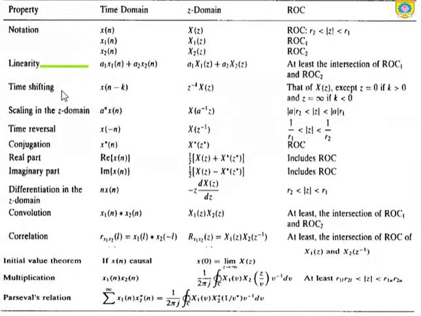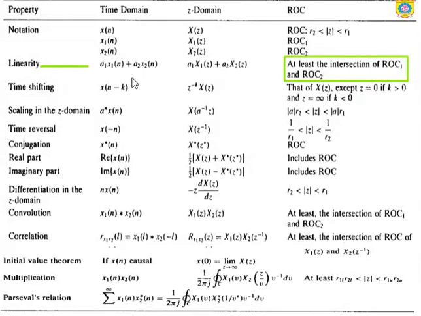Next, for linearity you can observe the application, and the ROC is at least the intersection of ROC1 and ROC2, meaning X1 of z and X2 of z.